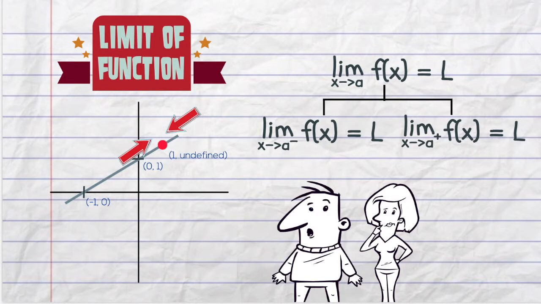Both of these are called left-hand and right-hand limits. In order for the limit to exist, both the left-hand and right-hand limits must exist and be the same.